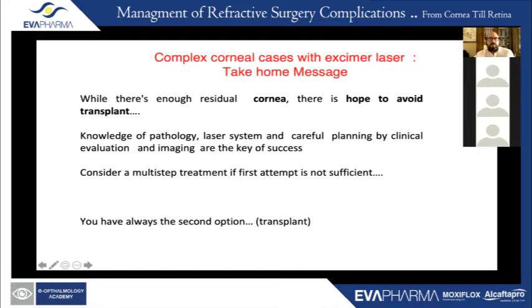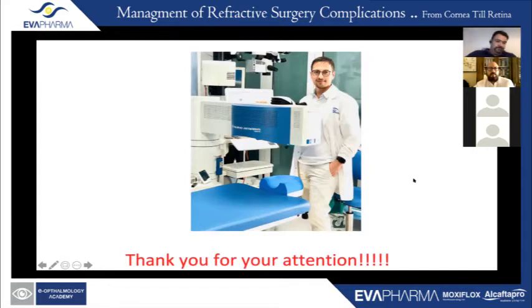So the knowledge of pathology, the laser system, and careful planning by clinical evaluation and imaging are the key of success. And you always have to consider a multi-step treatment. The first attempt to manage the refractive complication may not be sufficient. And you always have the second option, that is the corneal transplant. So thank you for your attention.